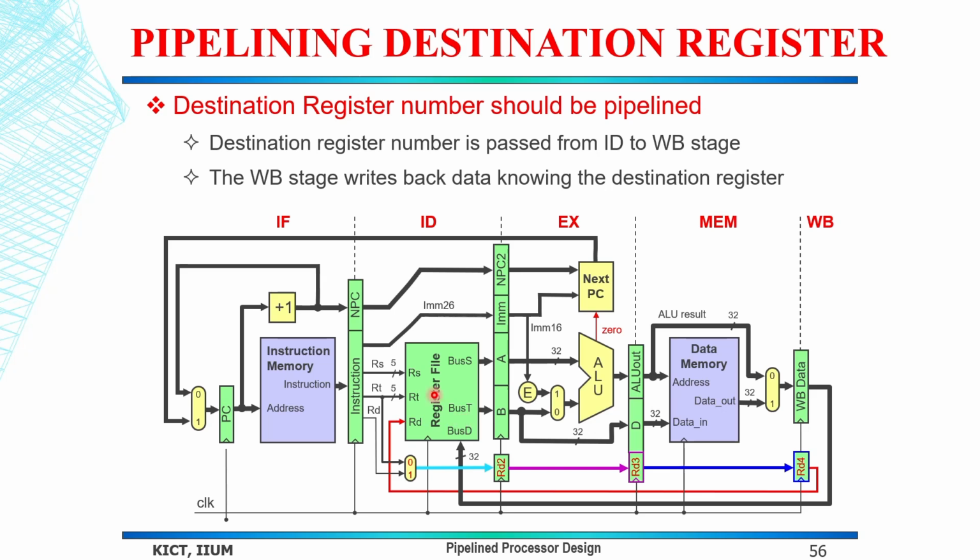Then it also passes the next program counter from here to this stage, because for branching and jump instructions it calculates what the next program counter should be, then passes it to the program counter.